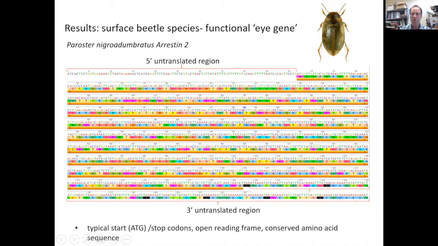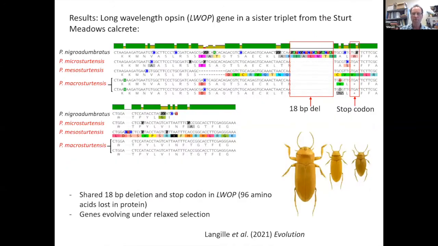Here I've taken out the introns, but it has a conserved amino acid sequence and a stop codon, and then another 3' untranslated region. But what we found in a bunch of different phototransduction genes was that they had a variety of different mutations. And in this particular case, it's an alignment of 3 subterranean sister species with a surface species.